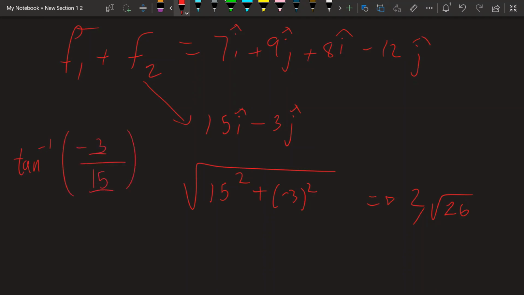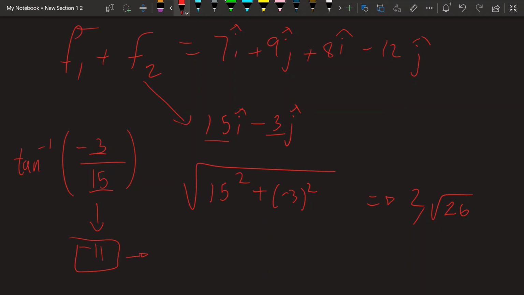Y over x, right? This is the y component, this is the x component. Doing that on a calculator, minus 3 over 15, is going to give you minus 11.3, and so on. I rounded it to two significant figures, so minus 11. Now, how do we change that into normal angles?